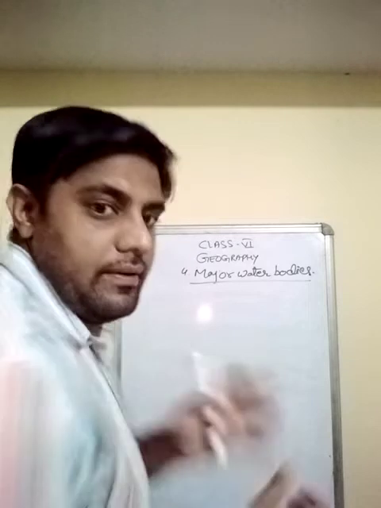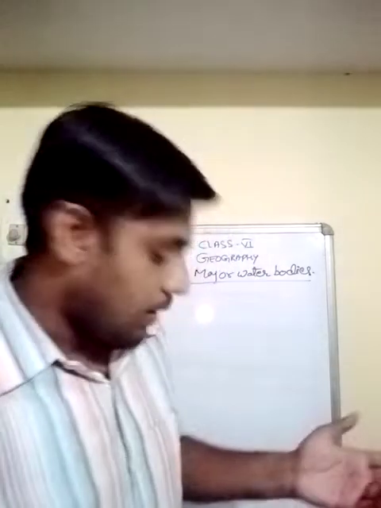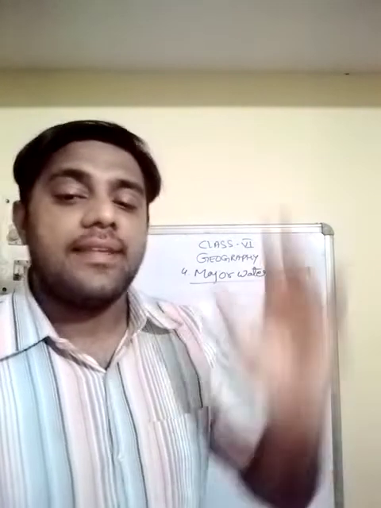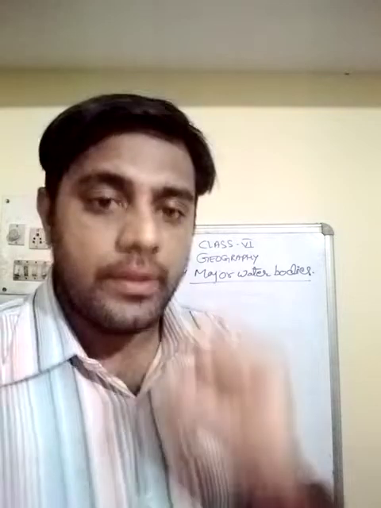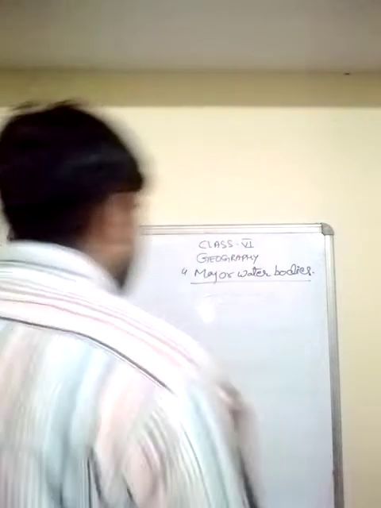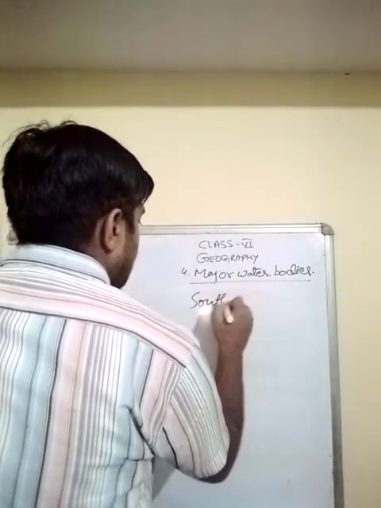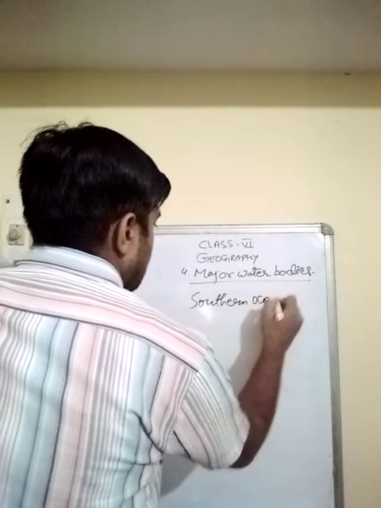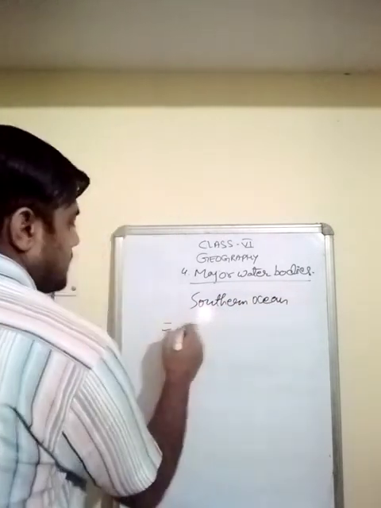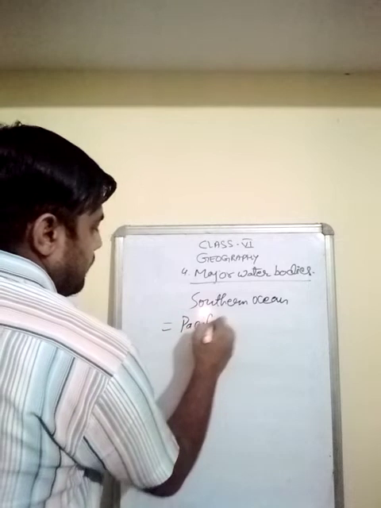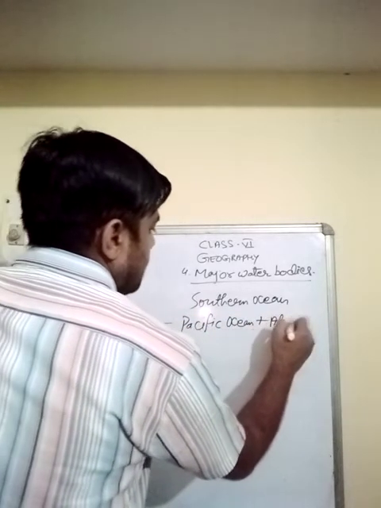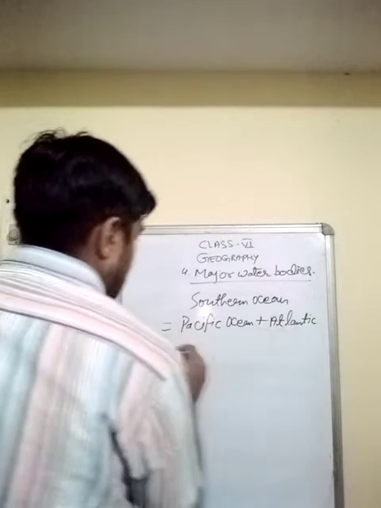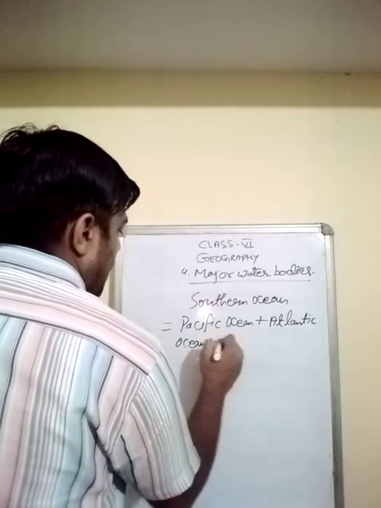Now first thing dear children you need to know is that the Southern Ocean is at the very end of the South Pole. It surrounds the South Pole, hence it is also known as the Southern Ocean, but it is not actually one water body. The Southern Ocean is a culmination of the Pacific Ocean, Atlantic Ocean, and Indian Ocean.